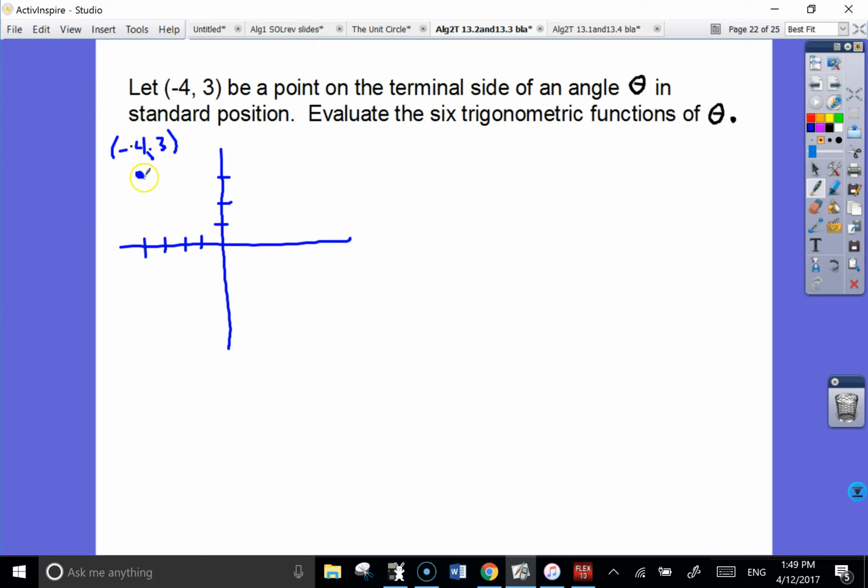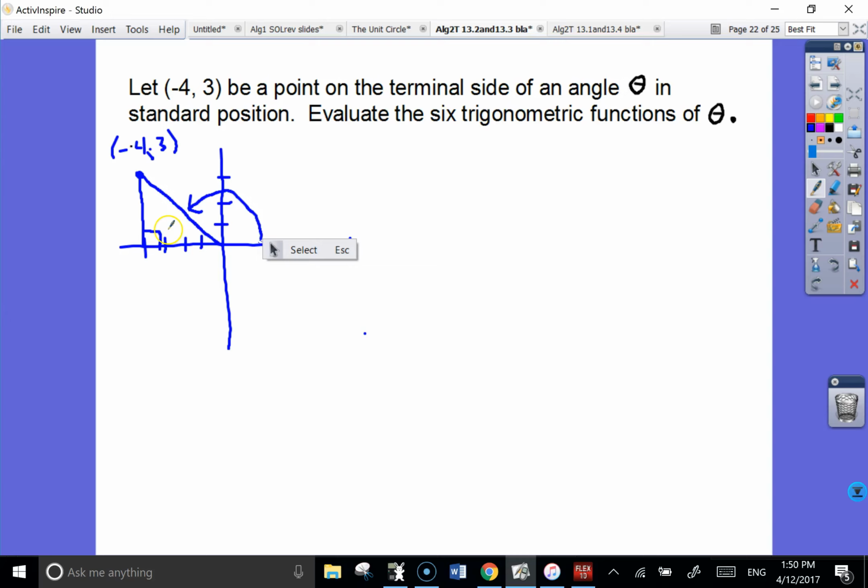The terminal side of the angle is this. Ultimately, you're going to do this with right triangle trigonometry, so we won't worry about going around from the initial side.